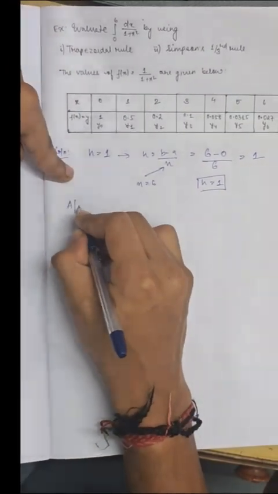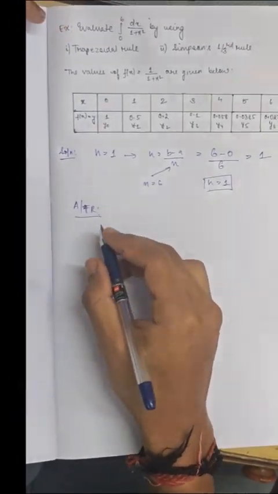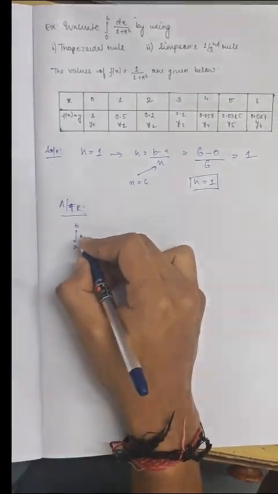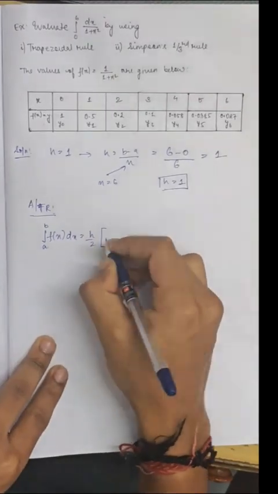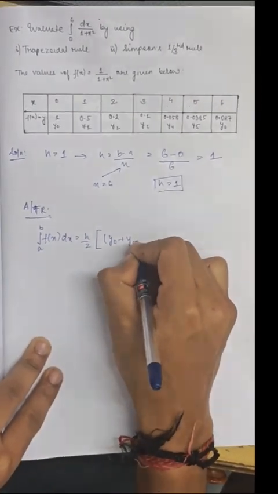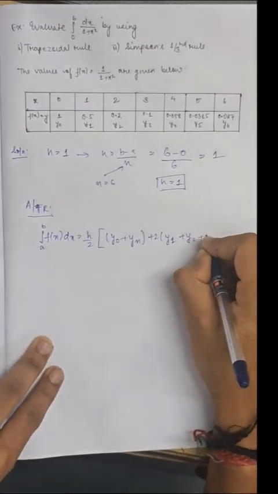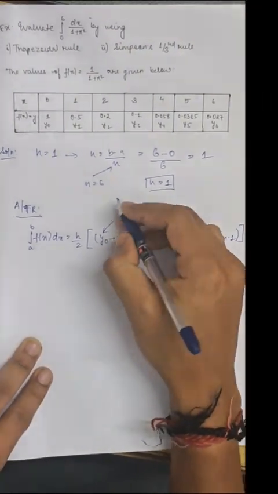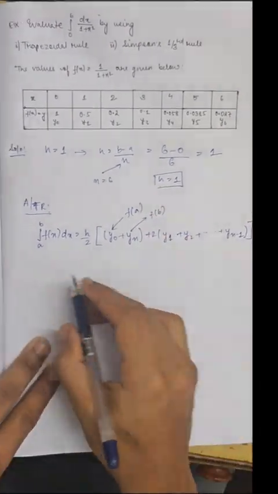So according to the trapezoidal rule, to evaluate a function, the integral from a to b of f of x dx is equal to h upon 2 times y0 plus yn plus 2 into y1 plus y2 plus dot dot dot plus yn minus 1. And here y0 is f of a and yn is f of b.